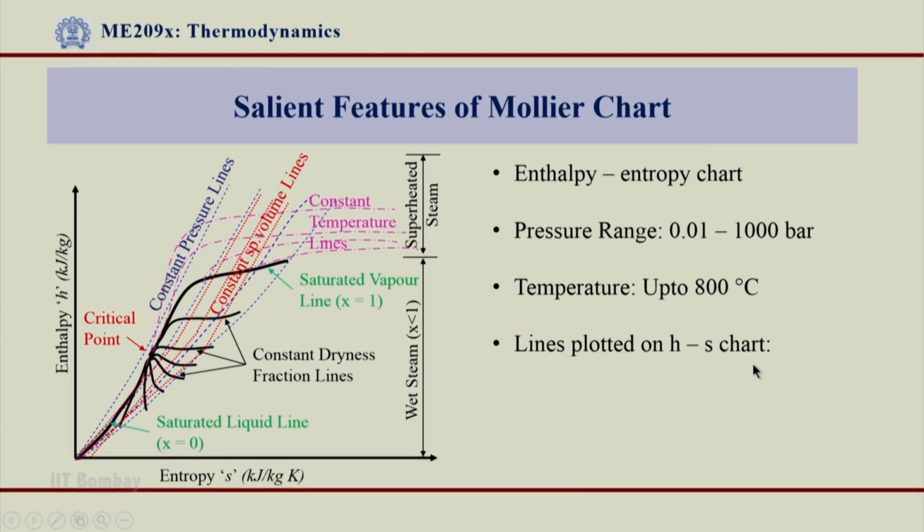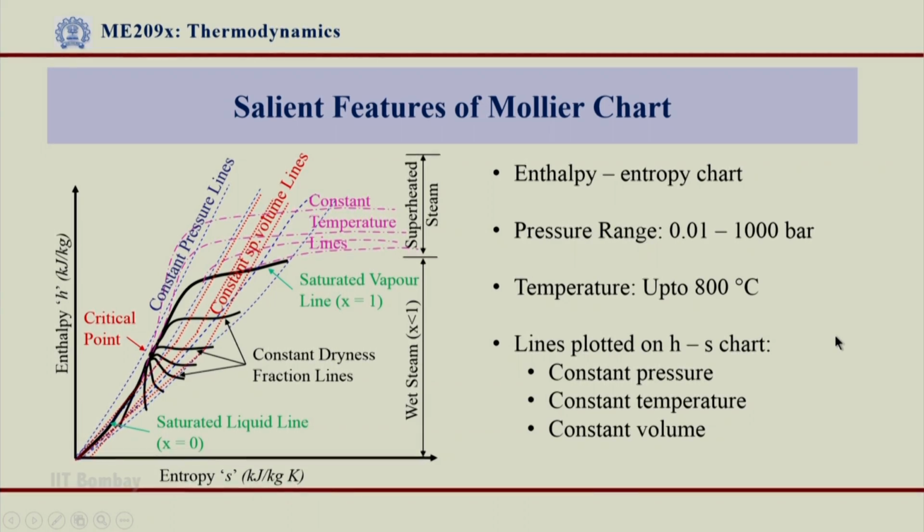So, lines are plotted on the HS chart: constant pressure line, constant temperature line, constant volume line, and constant dryness fraction line. All this information I can get directly from the Mollier chart, and that is very effective information one can acquire, all right. And if I could draw processes on this, then it gives a lot of information about that process itself, not only process but even cycle also.